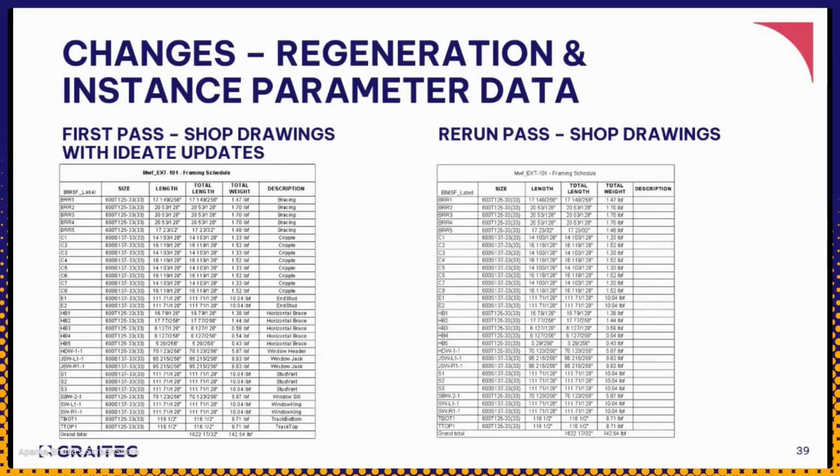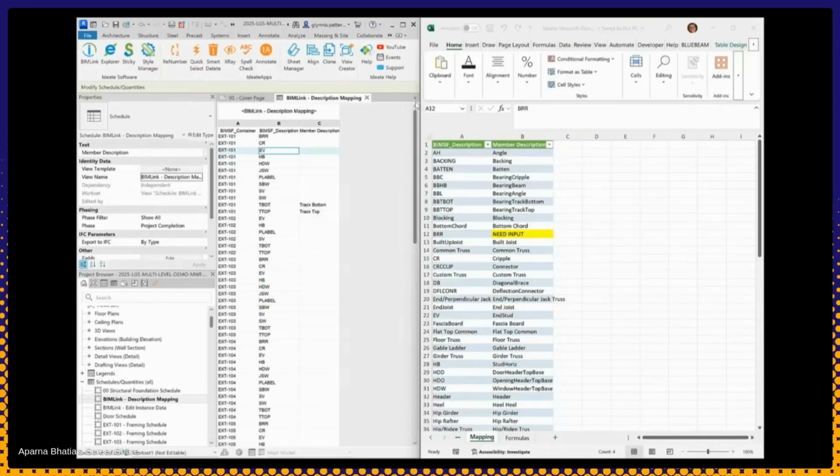Because of that, we ended up losing some data in our schedules. Using BIMlink, we were able to quickly import that schedule back, and it automatically read the list of data and repopulated the data back into the elements. Exactly. So let's walk through how that works logistically.